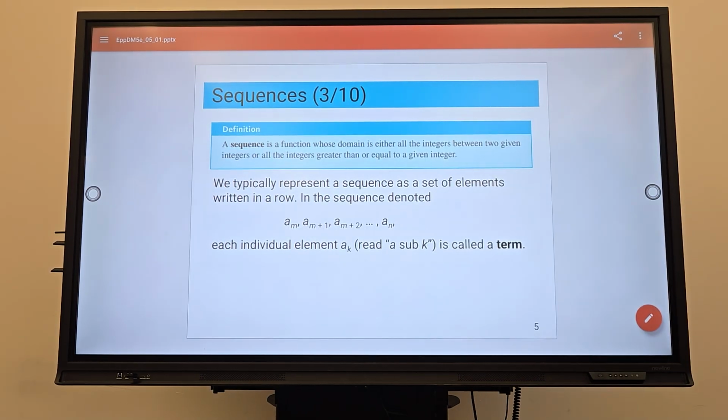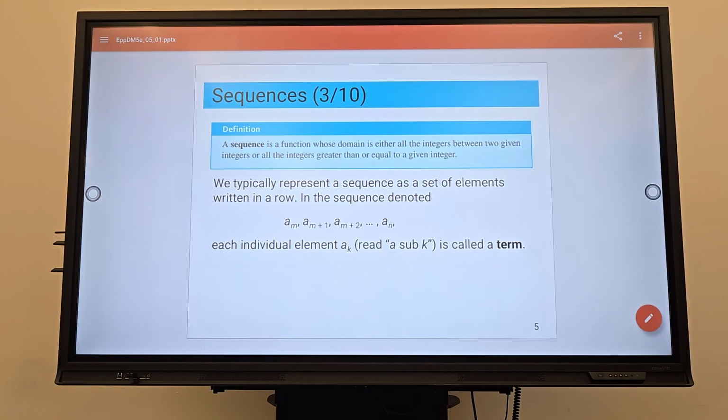A sequence is a function whose domain is either all the integers between 2 given integers, or all the integers greater than or equal to a given integer. We typically represent a sequence as a set of elements written in a row. The sequence may be denoted a sub m, a sub m plus 1, a sub m plus 2, so on until a sub n.